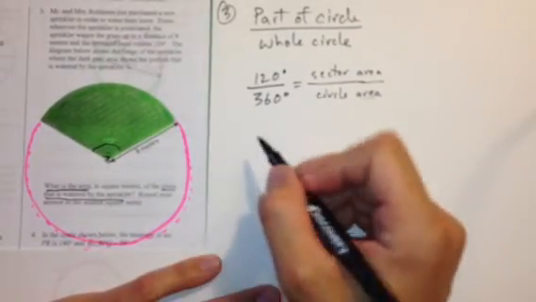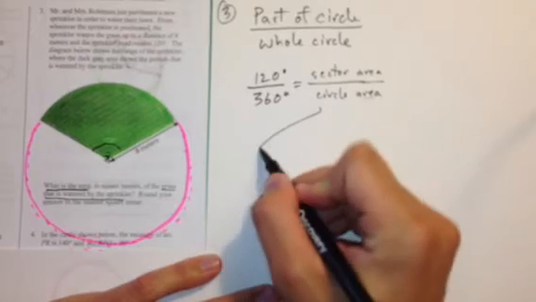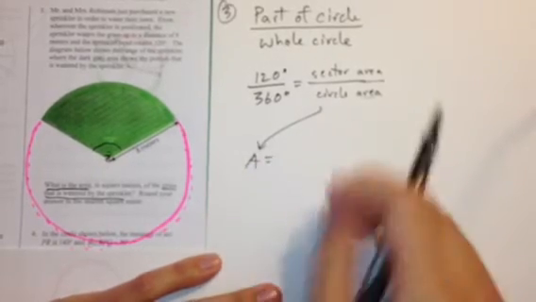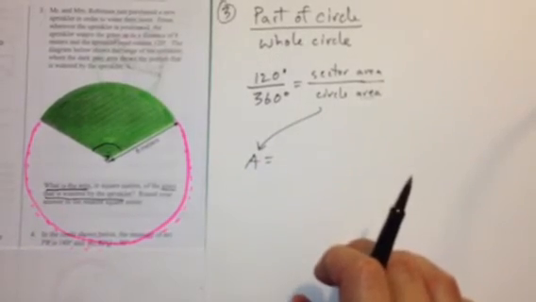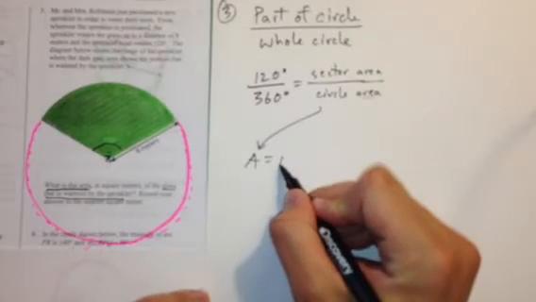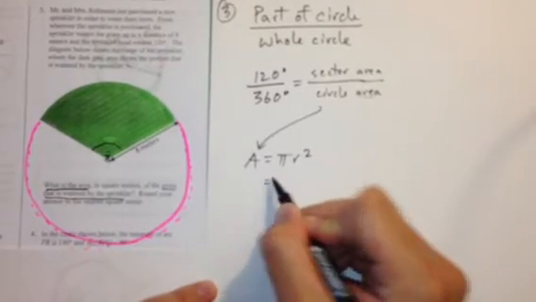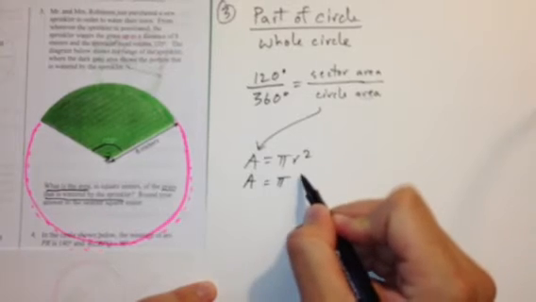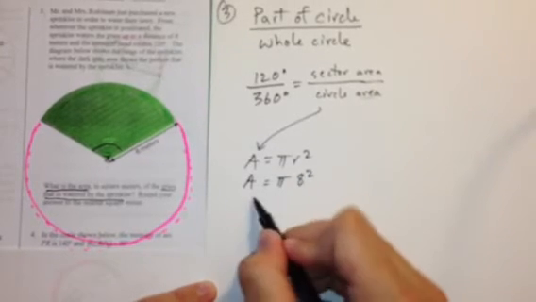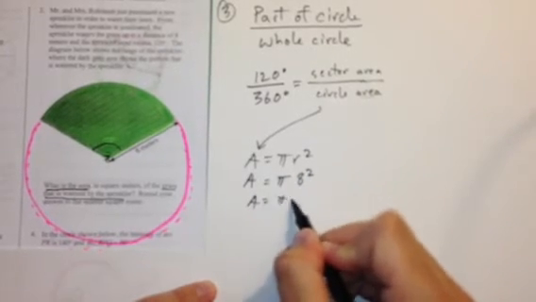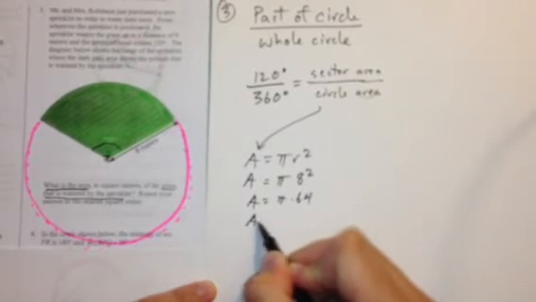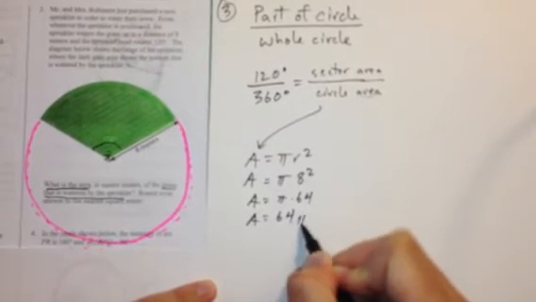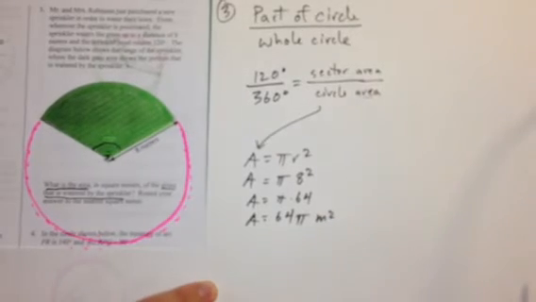So let's do that. The area of the circle is, and if you don't remember the formula, it's on your reference sheet, area equals pi r squared, where area equals pi times the radius, which it tells us is 8 meters. So the area equals pi times 64, so the area equals 64 pi square meters.